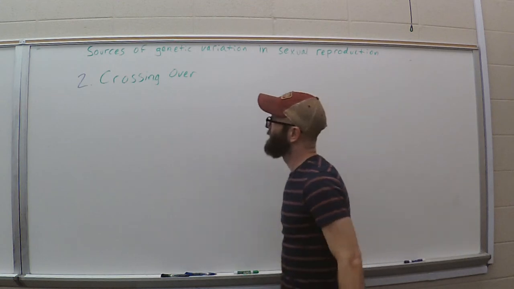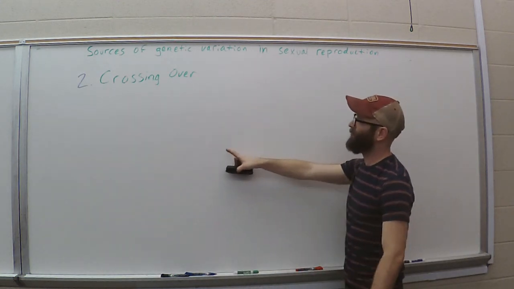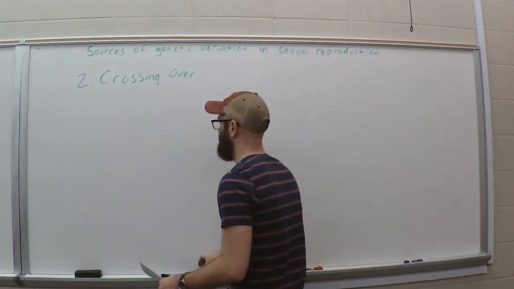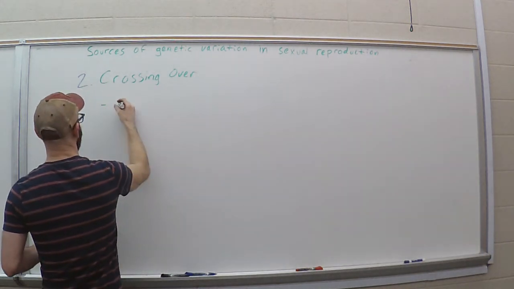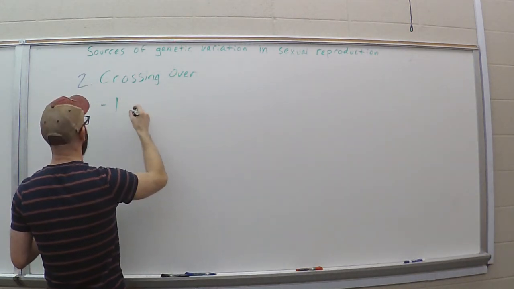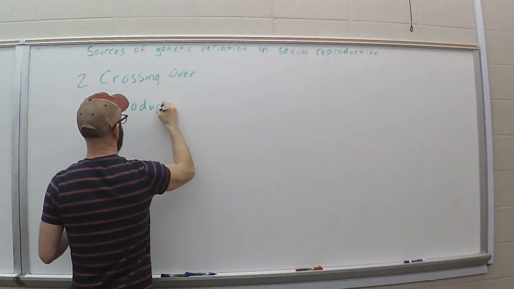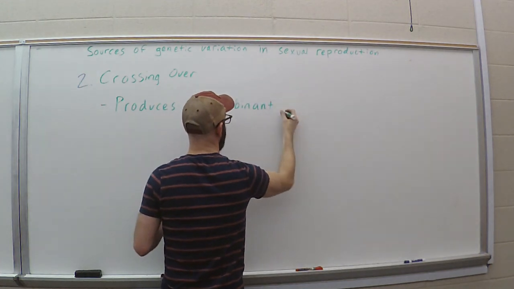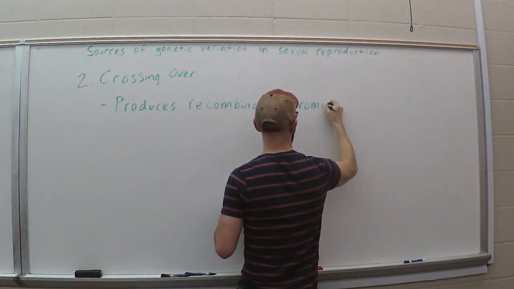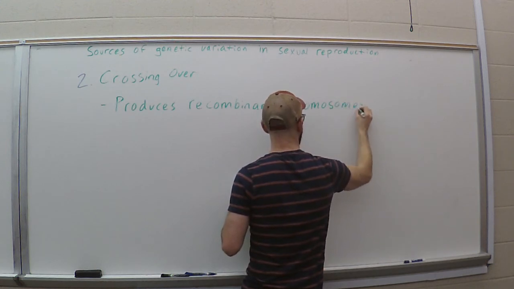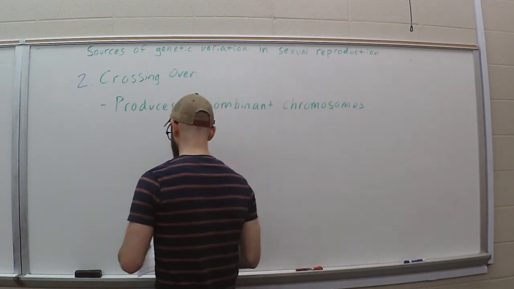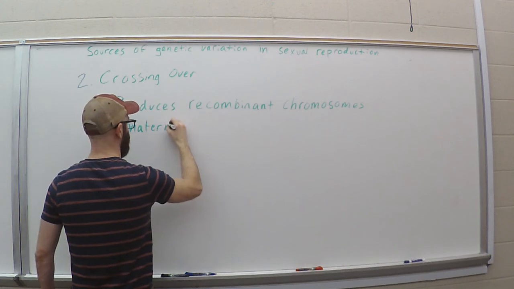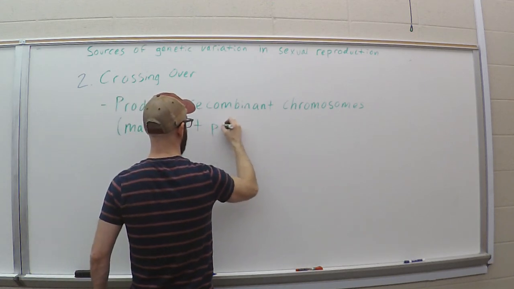Right? So, the second source of genetic variation in sexual reproduction is crossing over during meiosis. And what that does is it produces recombinant chromosomes that have maternal and paternal genes.